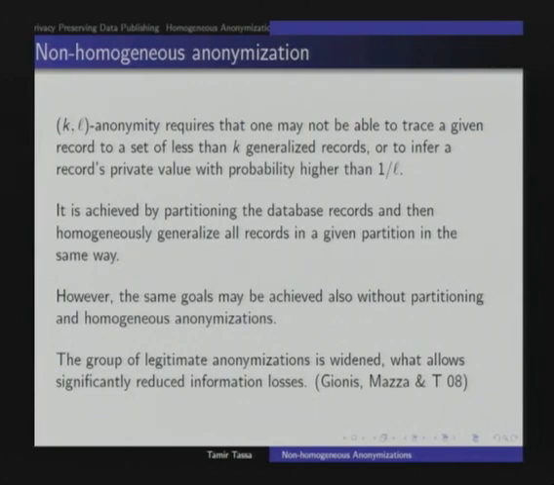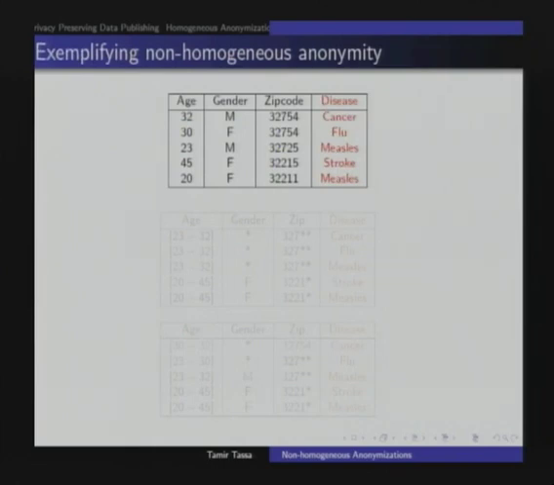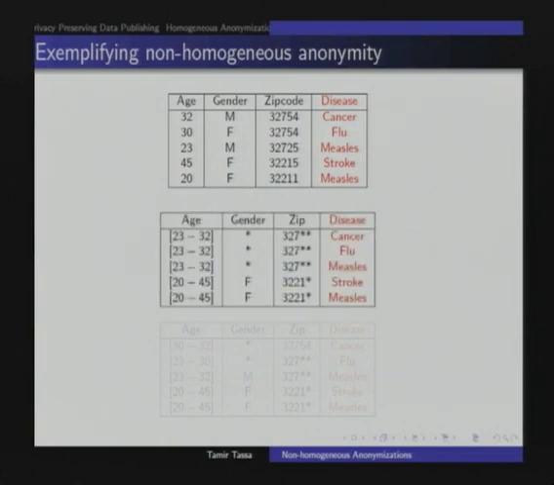And since it is widened, it allows achieving solutions with reduced information losses. So I will explain that. Let's take this simple example of a database, and here is an example of a 2-anonymization of it.